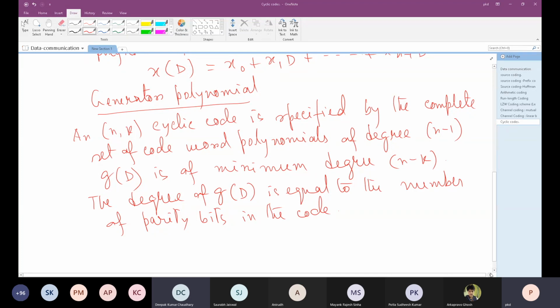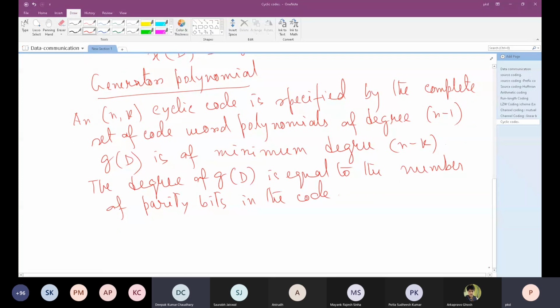So G(D) can be written as 1 plus the sum over i equal to 1 to n minus k minus 1 of gi D to the power i, plus D to the power n minus k.